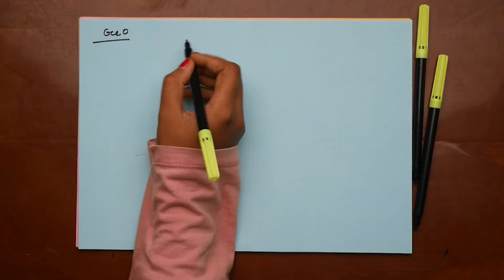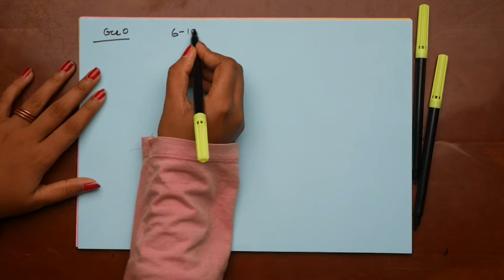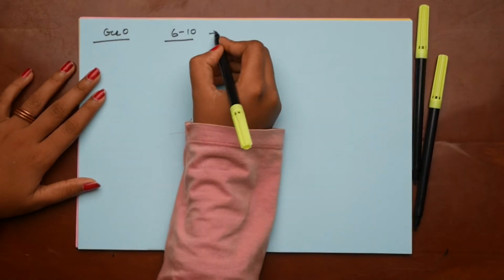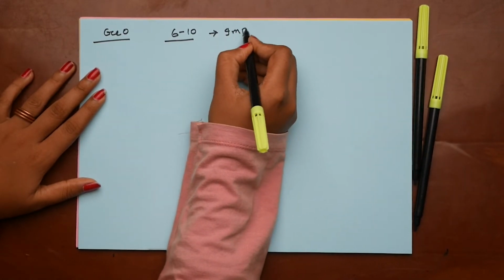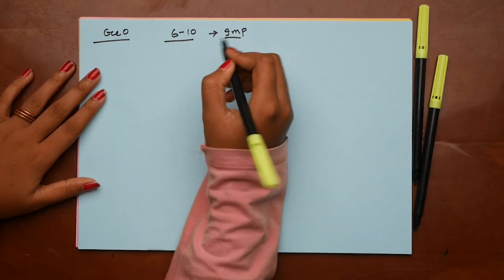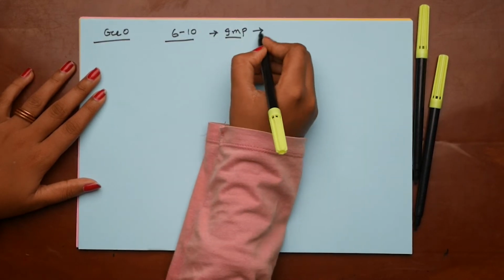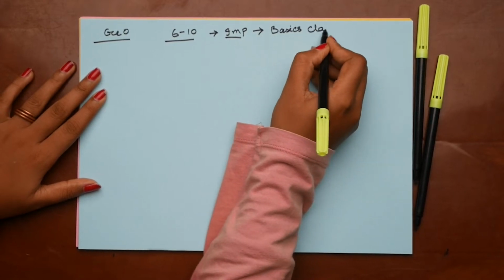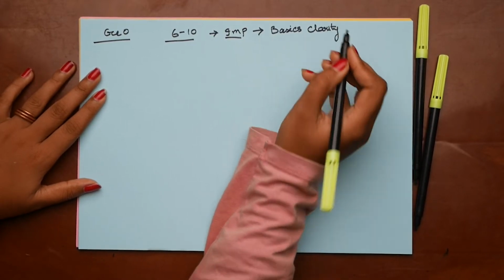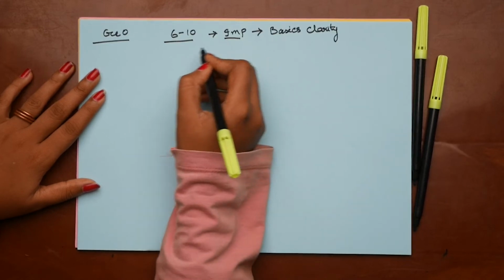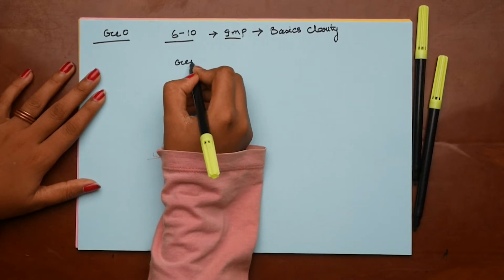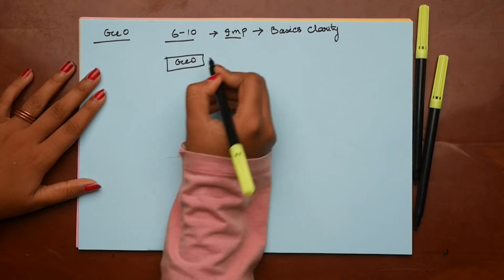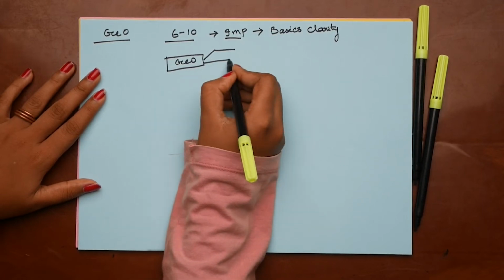For geography, 6 to 10 NCERT is important, no doubt at all. But you can skip it if you have basic clarity. Right? Geography again has been subdivided into 3 segments.